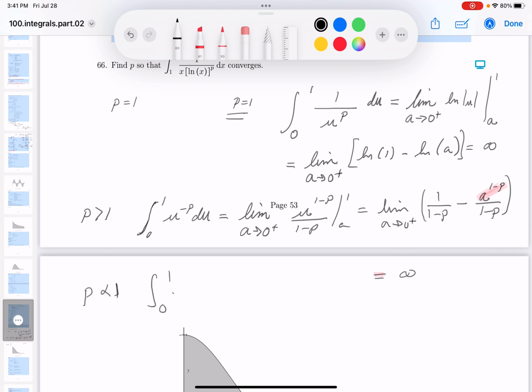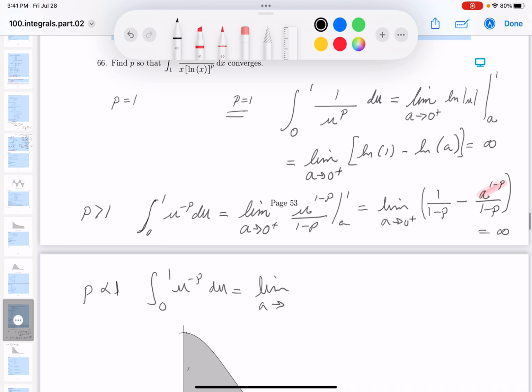It's the integral from 0 to 1 of u to the minus p du, as a goes to 0 from the right.